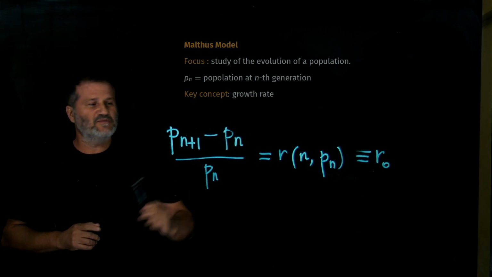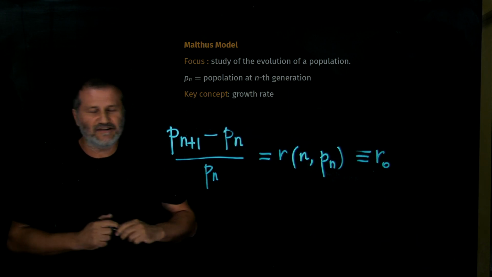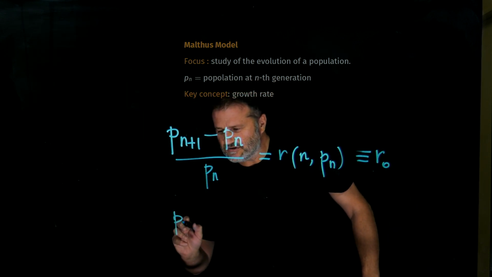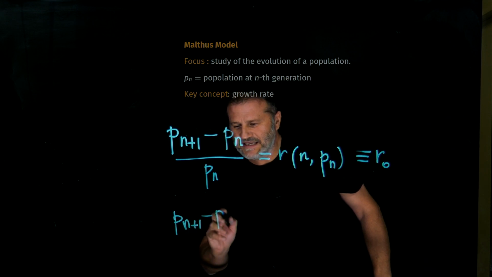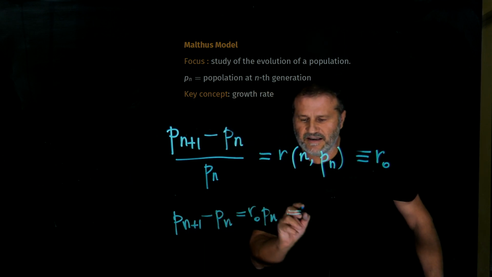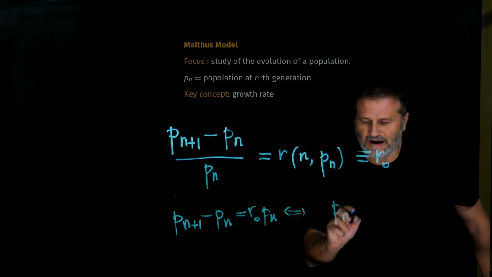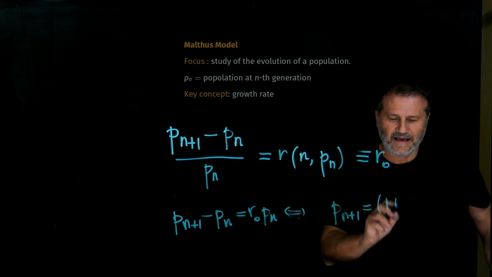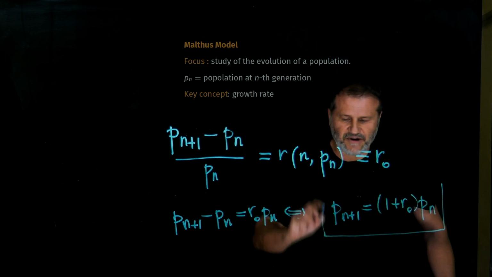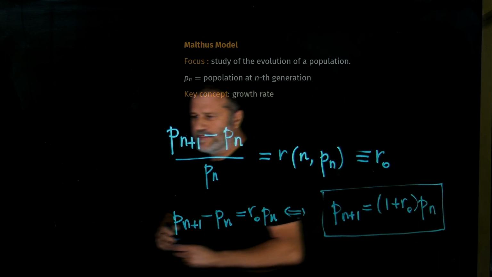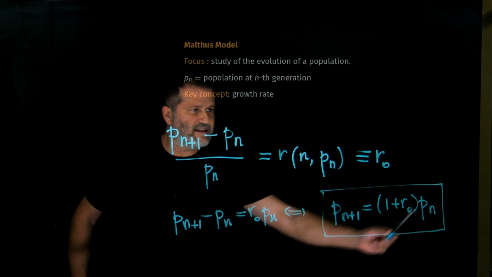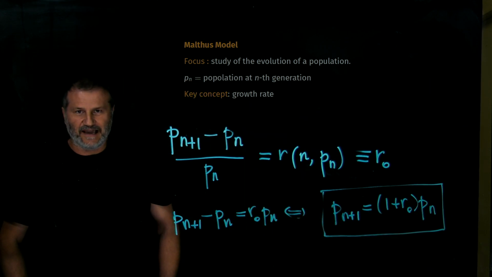Under this assumption, we can easily figure out what is the value of Pn, because if you look at this identity, we can also rewrite Pn+1 - Pn = R0 Pn, or in other words, Pn+1 = (1 + R0) Pn. You see that this is a recurrence relation that gives the value of Pn+1 given the value of Pn.